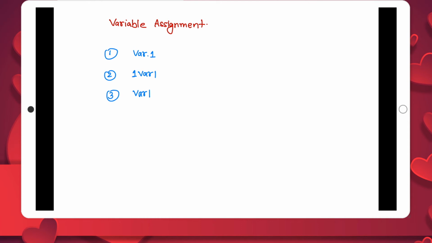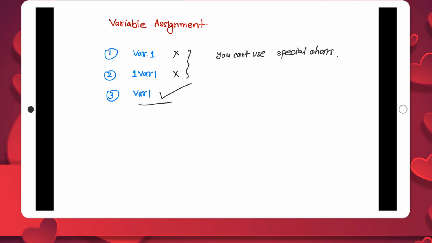Well, in a Python variable assignment, this one is the correct answer, and this is a wrong answer, and this one is also a wrong answer. Why are these two wrong? In a Python variable assignment, you can't use special characters. So there is a special character in this one, a dot.